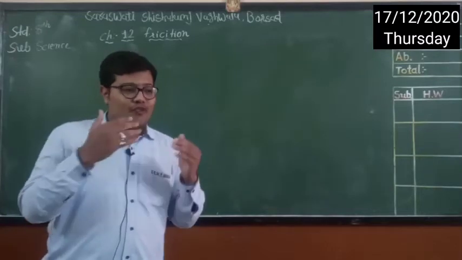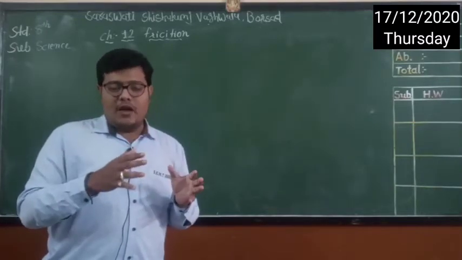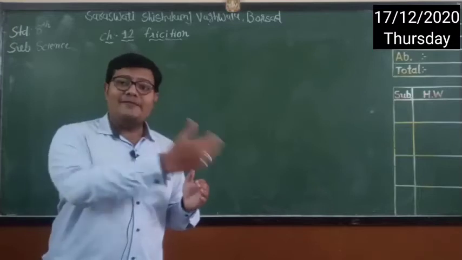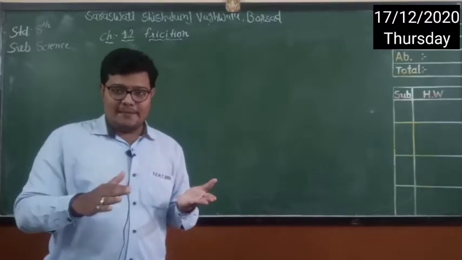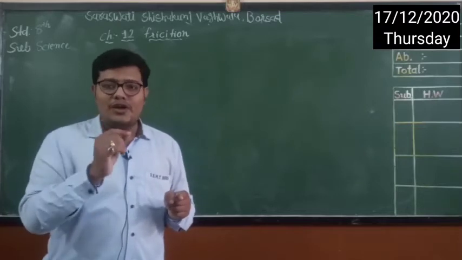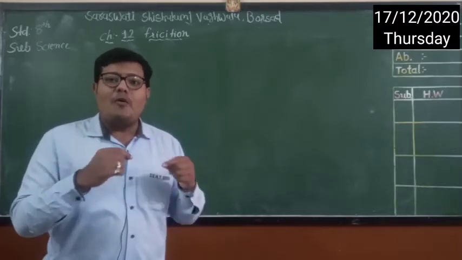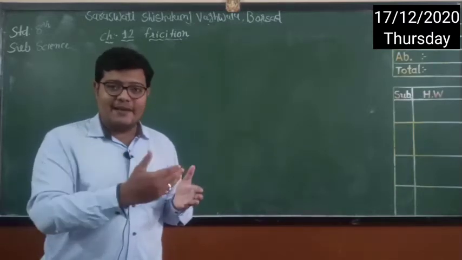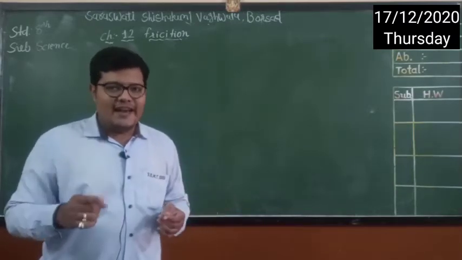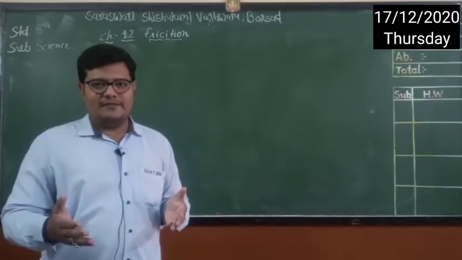We need to find out that. For that we need to try different surfaces and identify whether friction is the same. Here we will observe the speed of the moving object and then we will come to know whether it is the same or changing. So be ready, we are going to do one activity.